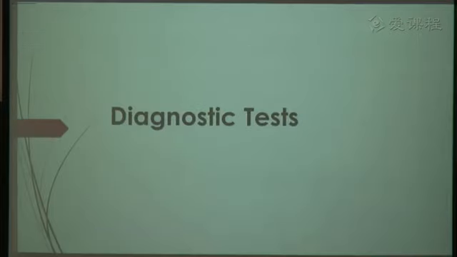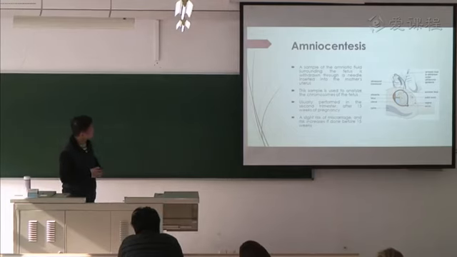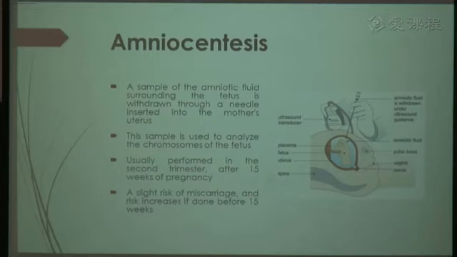Okay, so next for the diagnostic test. This is so we can know for sure if it has Down syndrome or not. There are basically three types of tests here. The first one is called amniocentesis, in which case they use a needle and insert it into the amniotic fluid under the guidance of this ultrasound transducer.